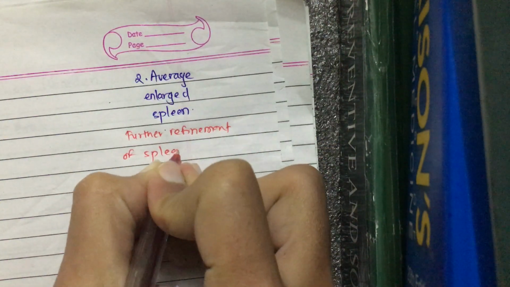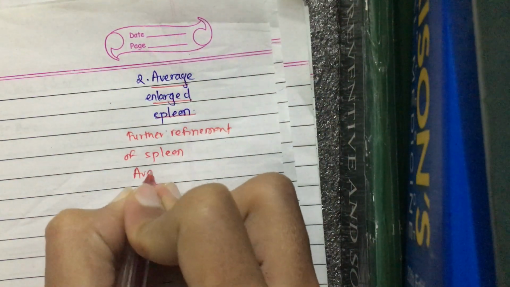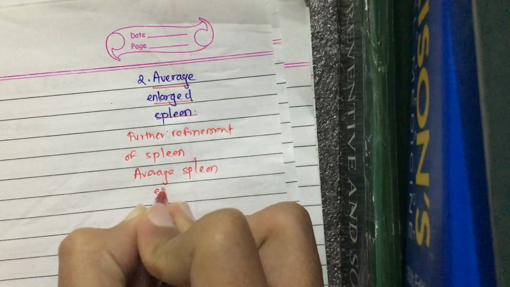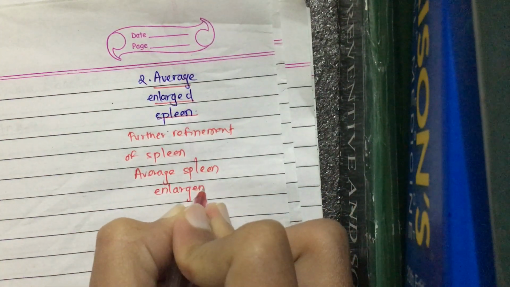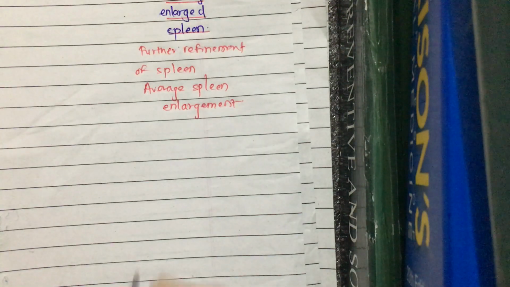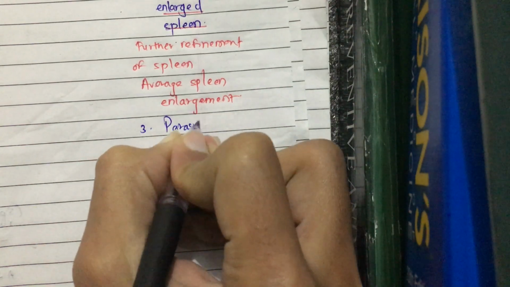So as the name suggests, in this we measure the average spleen enlargement. And the third classical malariometric index was P, that is parasite rate.